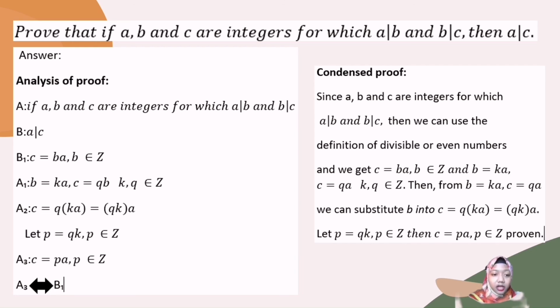From this, we get c equals qka. Let p equal qk, and the final answer would be c equals pa, and p is substituted by z. This question has been proven, and this is the answer. That's it for this question.